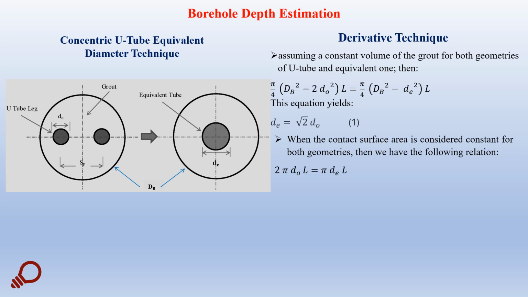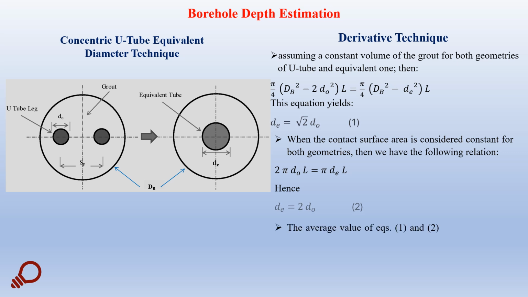Therefore, if we assume that 2 pi D_0 L equals pi D equivalent L, that means we have the same surface area for both geometries. That will end with D equivalent equal to 2 D_0. So with that equivalent diameter, we will get the same surface area.